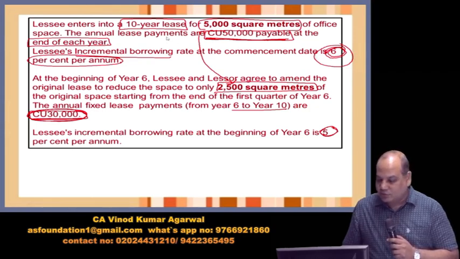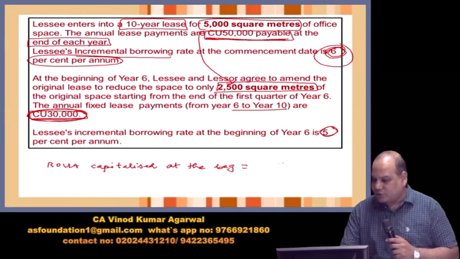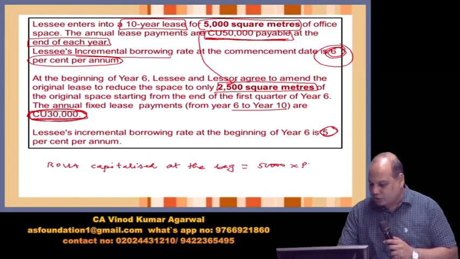So tell me first, what is the original amount of right of use asset which was capitalized at the beginning? Capitalized at the beginning will be 50,000 into PV annuity factor 10 years and 6%.